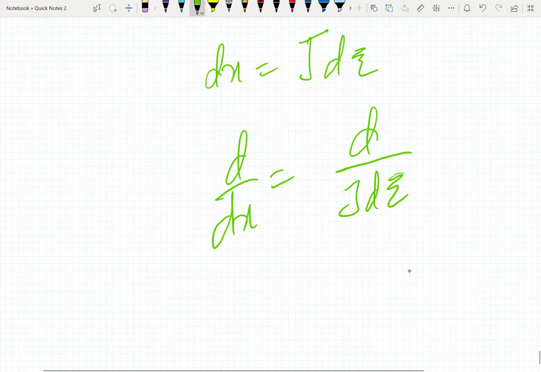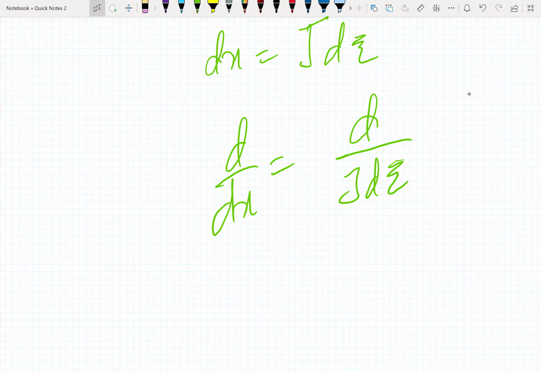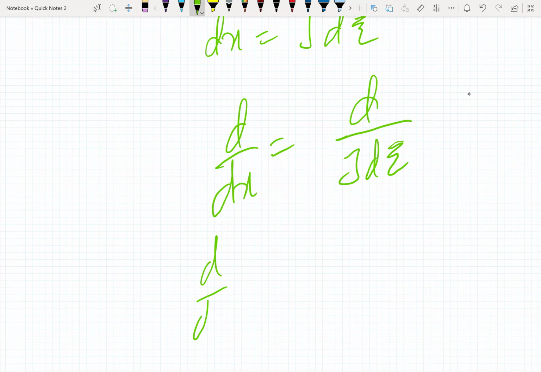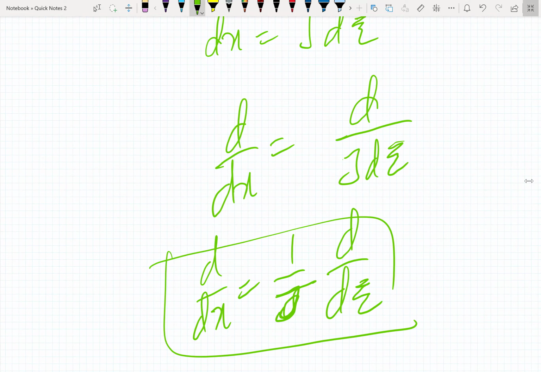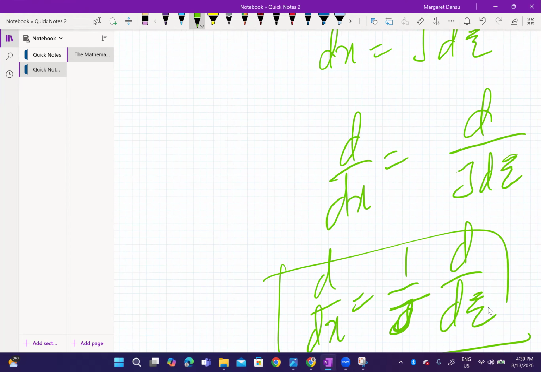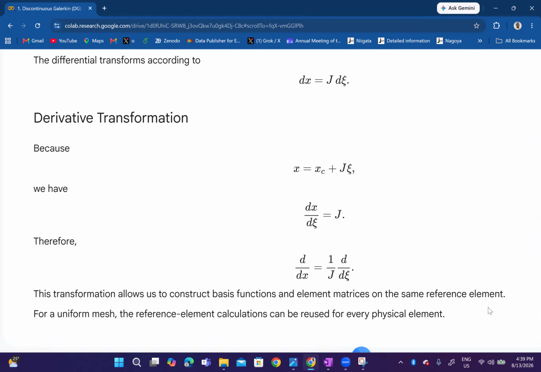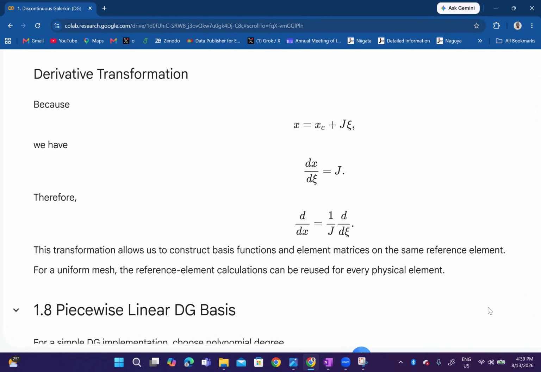Since j is like a constant, we can then have d dx equal to 1 over j d d psi. So that's this expression here, which we have in the notes: d dx is 1 over j d d psi.